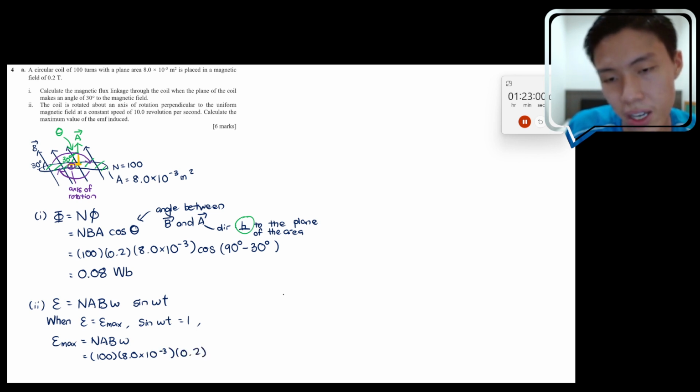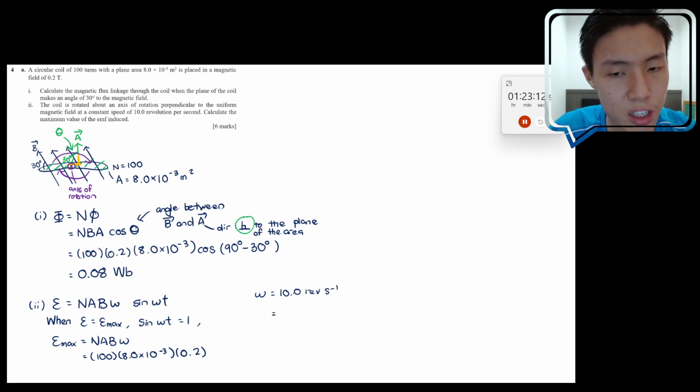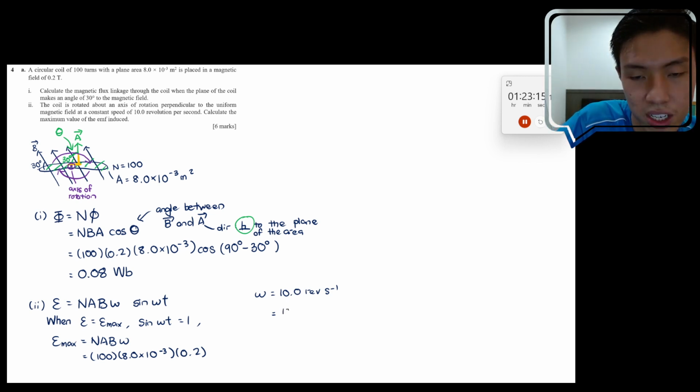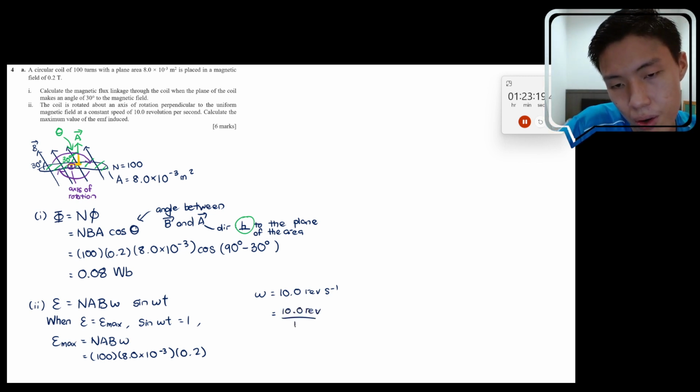The problem is omega. We know that omega here, they say, is 10 rev per second. But we know that in our calculation omega has to be in radian per second. So let's change it: 10 rev per 1 second.